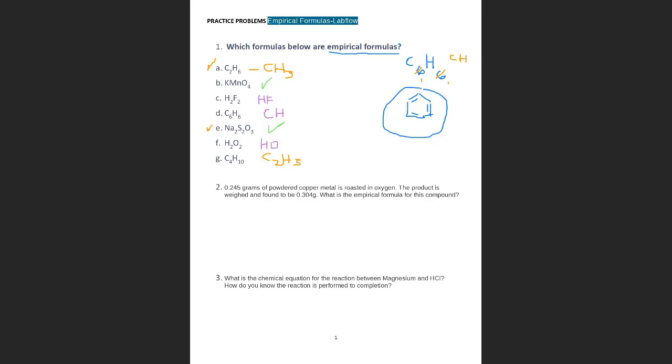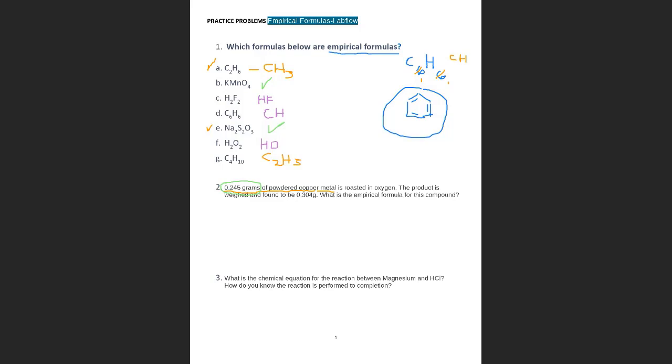Let's go to practice number 2, because you are going to need this in the pre-lab quiz, and I think you will have to learn this to do your report. So let's read this question. It says 0.245 grams of powdered copper metal is roasted in oxygen. So they are giving me the mass of the copper.